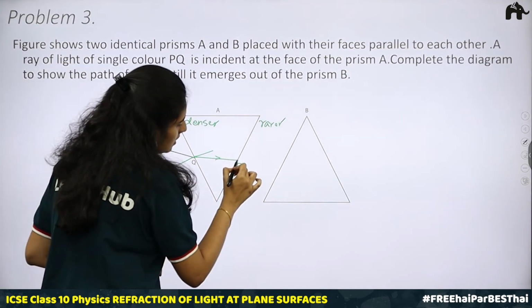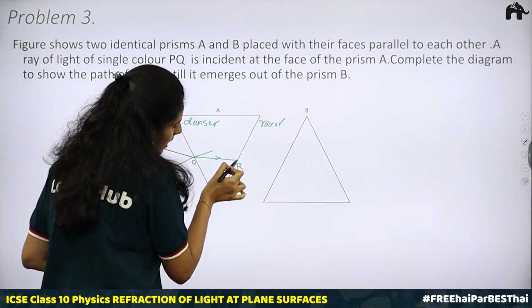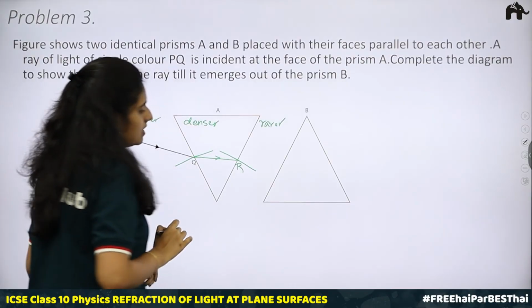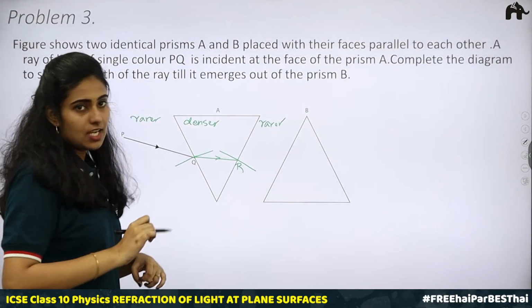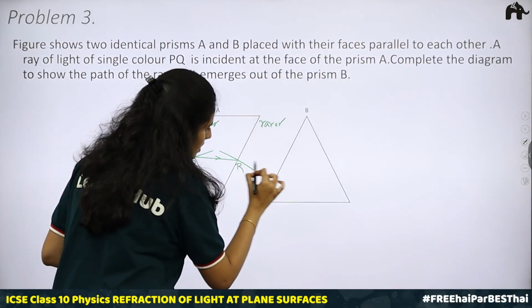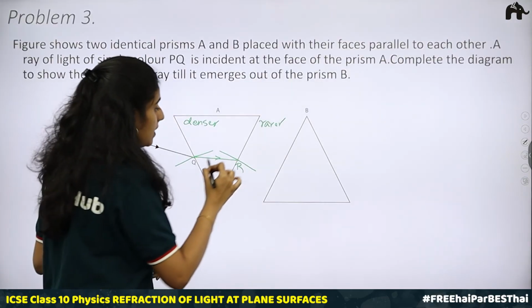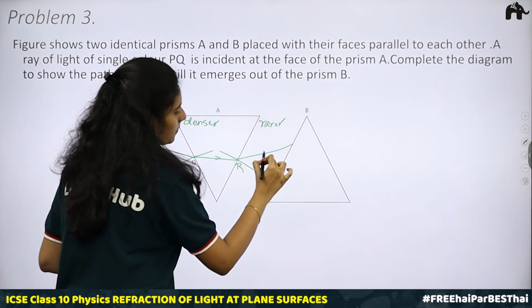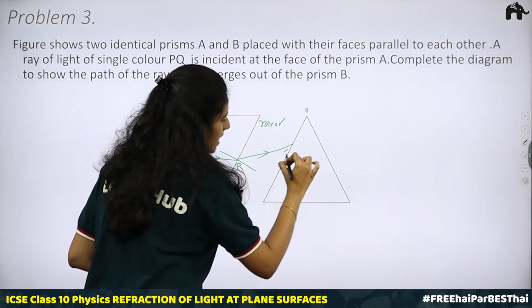At this point of refraction, we draw a normal. What happens to the light ray? The actual direction of the light ray is this. It will be bending away from the normal. Let's mark this as S.